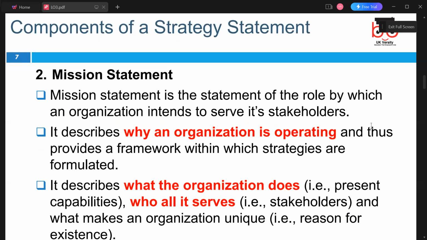So there is also the mission statement, which is a statement of the role by which an organization intends to serve its stakeholders. And it's going to describe why our organization is operating, and also where our organization is going to operate.